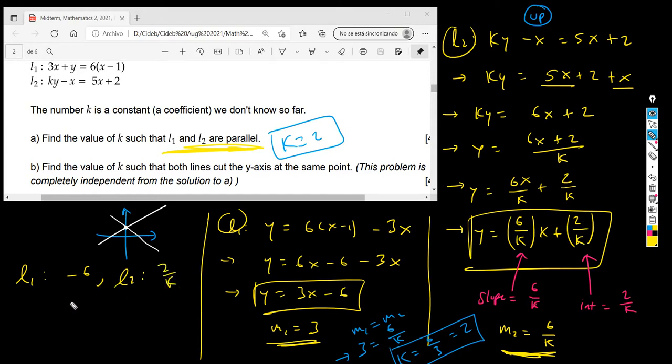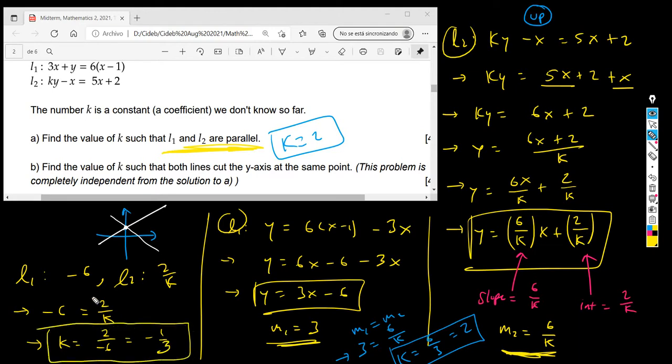And if I want them to have the same intercept, then clearly I should have that minus 6 should be equal to 2 over k. And therefore, I should have that k is equal to 2 over minus 6, which is minus 1/3. And that solves the problem. So k must be equal to minus 1/3. And that's the solution for this problem.